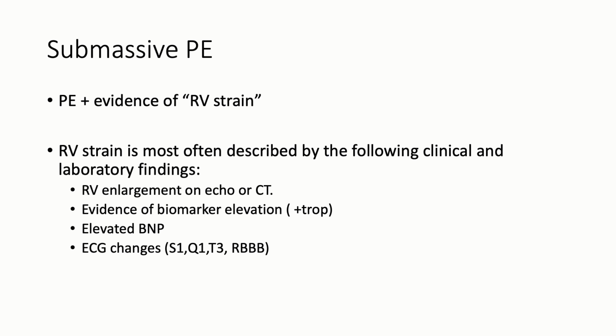We also look for evidence of right ventricular myocardial injury, which would be supported by biomarker elevation or positive troponin. Brain natriuretic peptide also is less specific, but can also be noted to be elevated with evidence of RV dysfunction or strain.